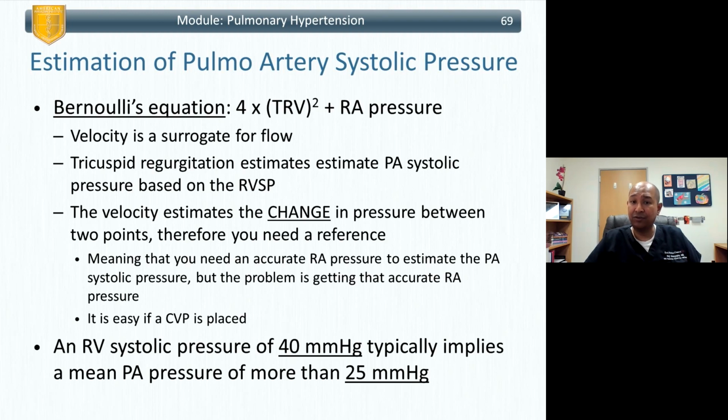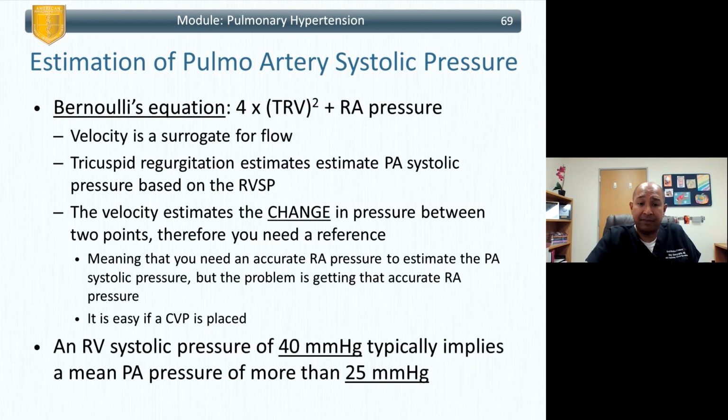And we add that to the right atrial pressure. And why do we need velocity? Velocity is a surrogate for flow. Flow is going to be volume over time. And why are we doing this? Because we're trying to get a rough estimate of what the pulmonary artery systolic pressure is going to be.